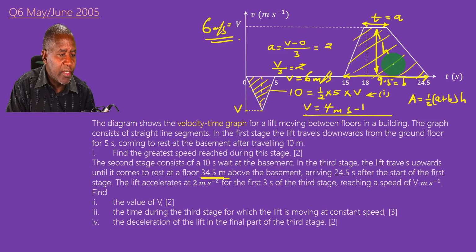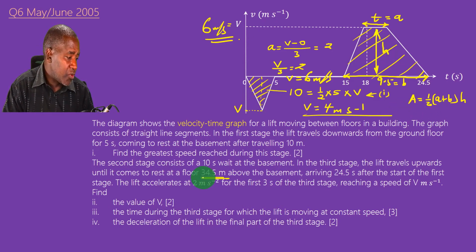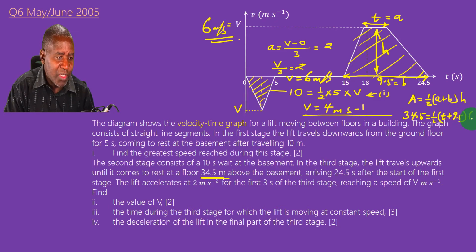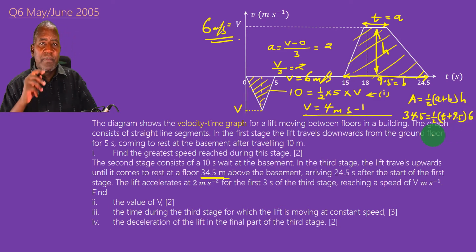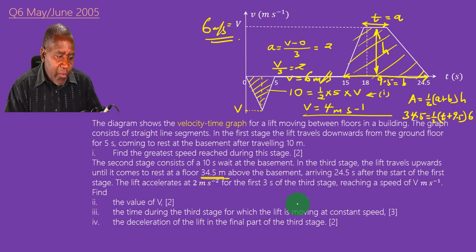This one here is H. That area we have said is equal to this displacement here, which is 34.5. This is a half. A is what we are looking for, it's t. B is 9.5. H is what we have just worked out, 6.